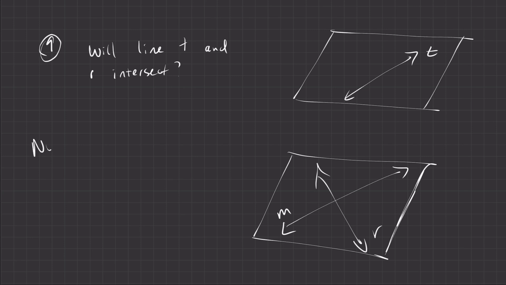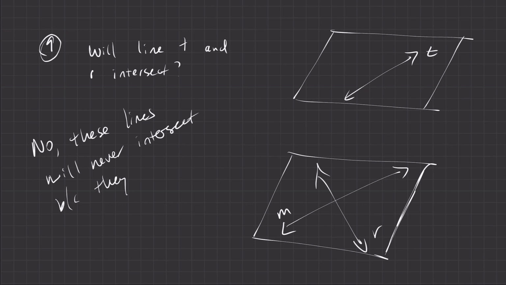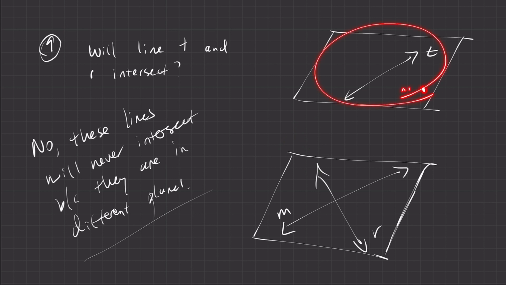So, no, these lines will never intersect because they are in different planes. It looks like it, but really they are in different planes. Remember, this is the plane that's floating in the air, and this is the plane that's on the bottom. So they will never ever intersect. So T and R will never intersect at all.